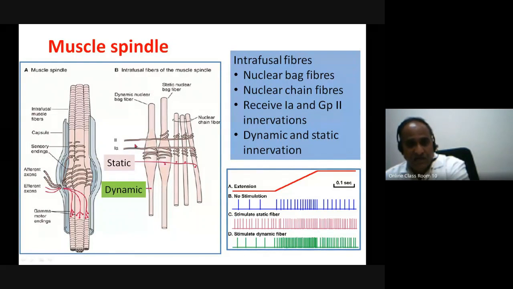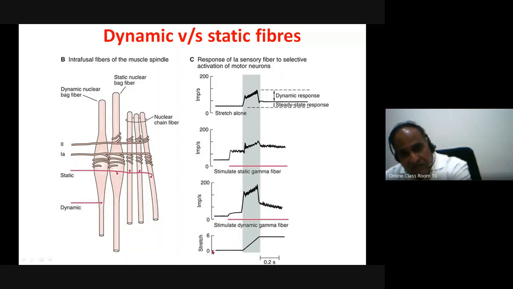The static fibers at the polar area have spray nerve endings, distributed all along the axis of the polar area, and they are carried by slow conducting group 2 fibers. Look here, this is the stretch. This is the period wherein the stretch is increased and then sustained.